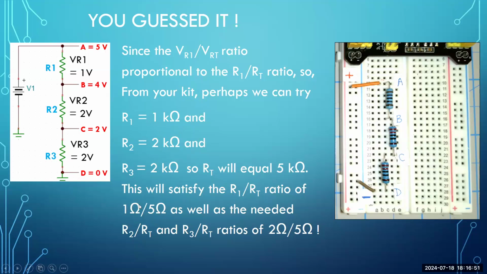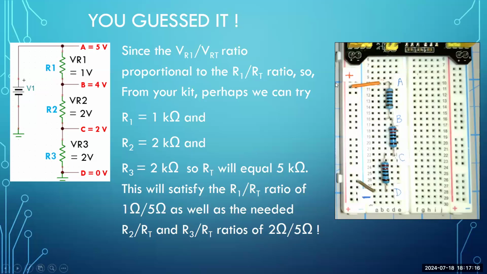That satisfies our 1 to 5 ratio. How about with R2 being 2k and the total being 5k? Do the R2 over RT ratio and R3 over RT ratio satisfy the 2 over 5? Yes, they do.